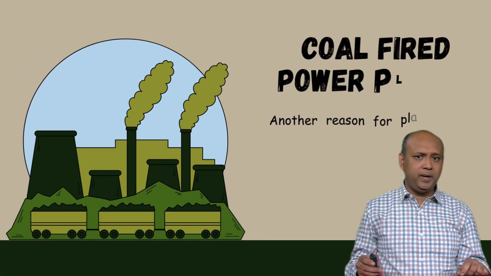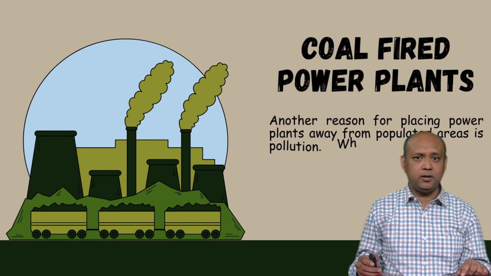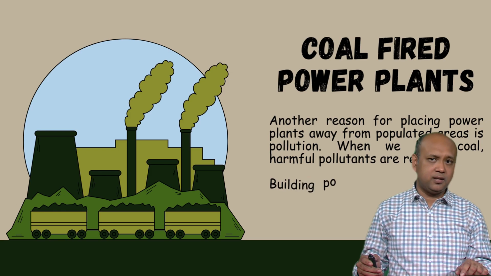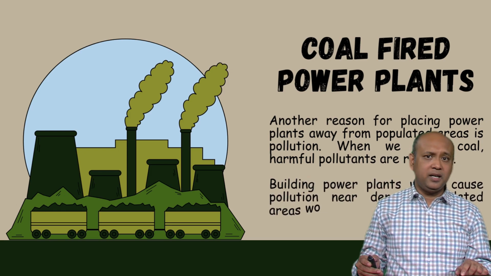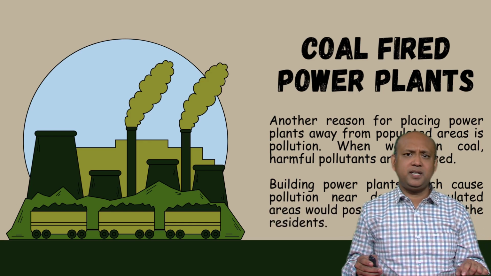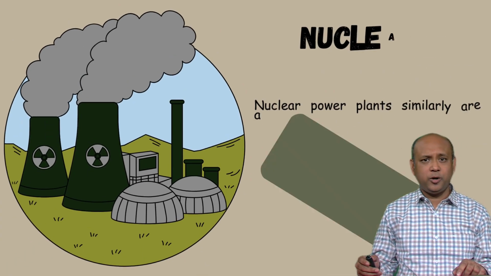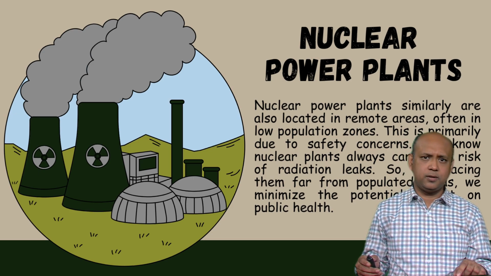Another reason for placing power plants away from populated areas is pollution. When we burn coal, harmful pollutants are released. Building power plants which cause pollution near densely populated areas would pose health risks to the residents. Nuclear power plants similarly are also located in remote areas, often in low population zones.